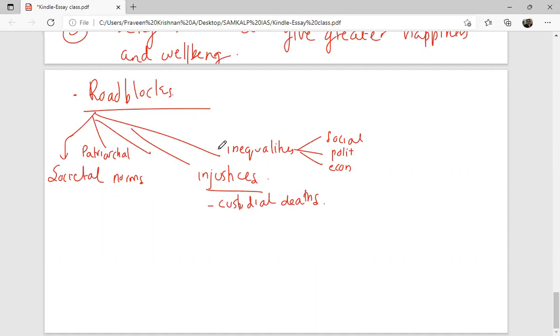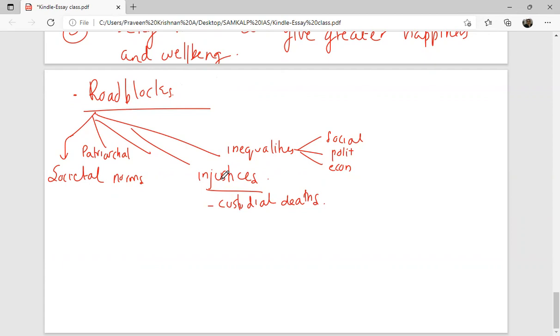Obviously, when you're facing a lot of injustice, when you're not being treated as equal with others, you definitely will have negative sentiments in your mindset, and you will not probably be able to transform yourself into very human beings. The result is that in a society which is full of injustices and inequalities, a lot of crimes happen, happiness vanishes, and all these things act as roadblocks in the fulfilling journey from simply being a human to a humane life.